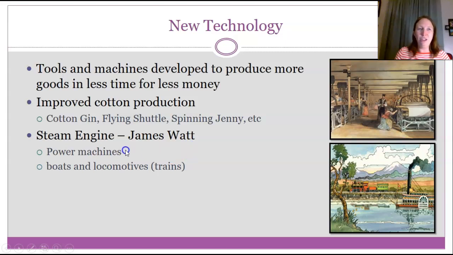And once the steam engine was invented, these machines, which at some point still needed to be hand cranked or foot cranked or operated by a person, could now be operated by a machine. Steam also allowed boats and locomotives to be built and utilized faster than even just traditional sailing ships.